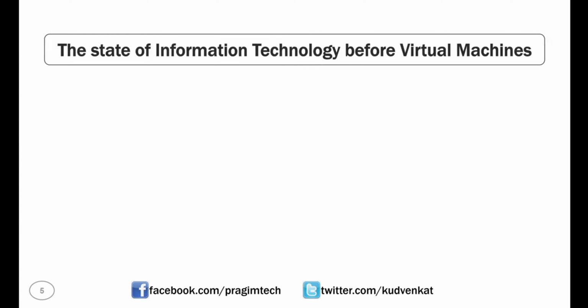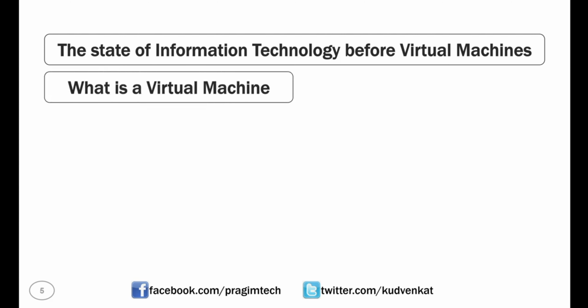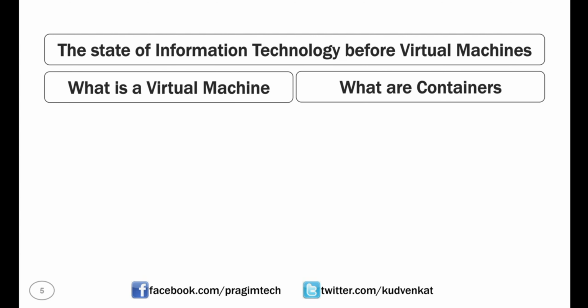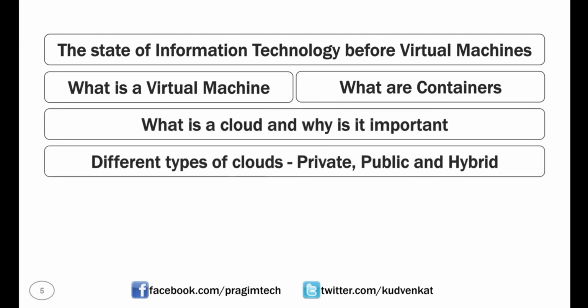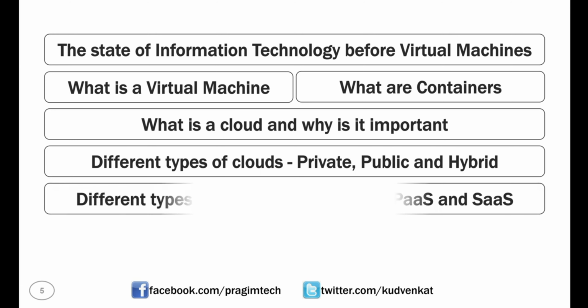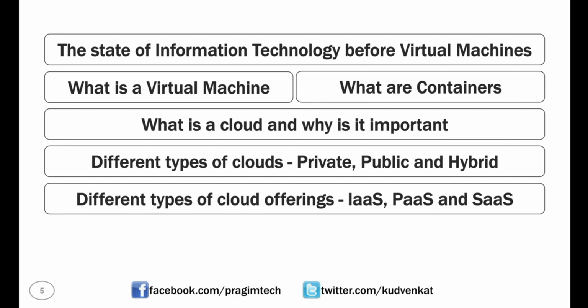In this course, we've covered several important cloud concepts: the state of information technology before virtual machines, what is a virtual machine, what are containers, what is a cloud, and why is it important, different types of clouds like private, public, and hybrid, different types of cloud offerings, infrastructure as a service, platform as a service, and software as a service, benefits and risks of moving to a cloud.